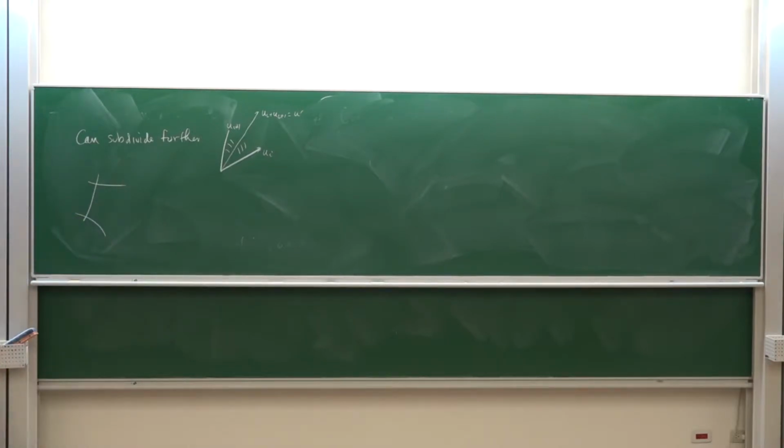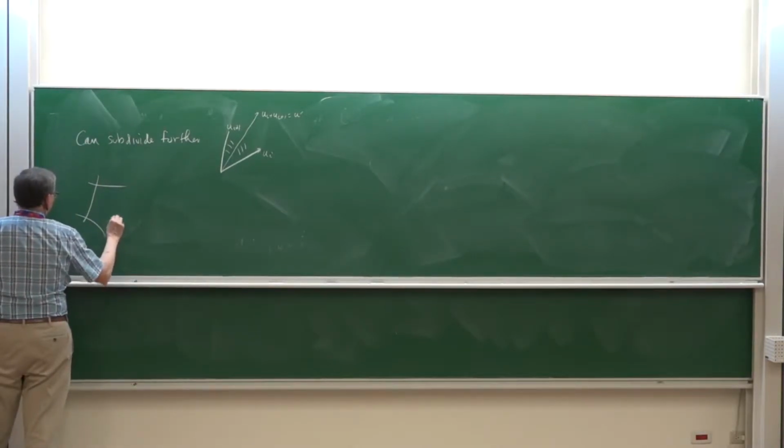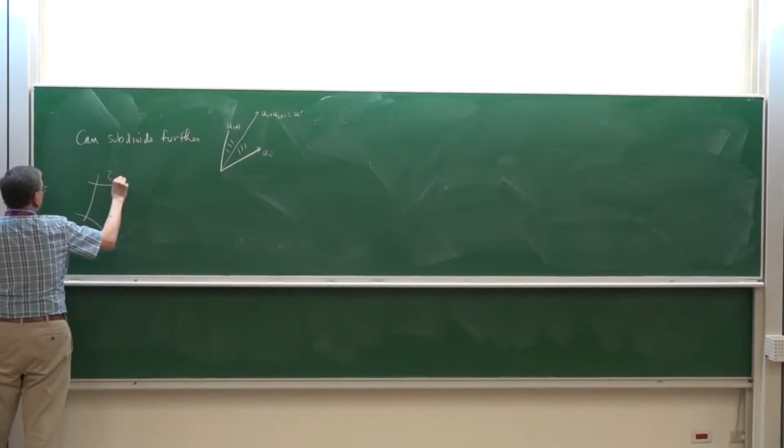In fact, I can label each one of these with the self-intersection: here's minus b_{i-1}, minus b_i. And when I do that, I'll get proper transforms, so I'll put a tilde.